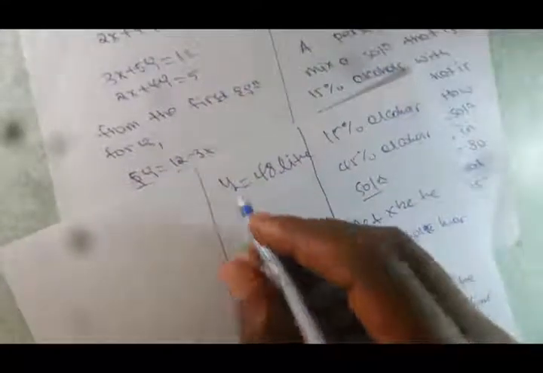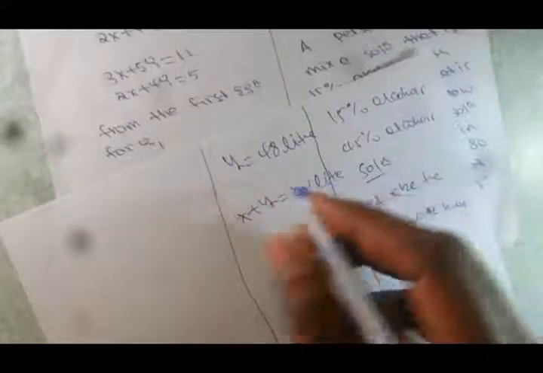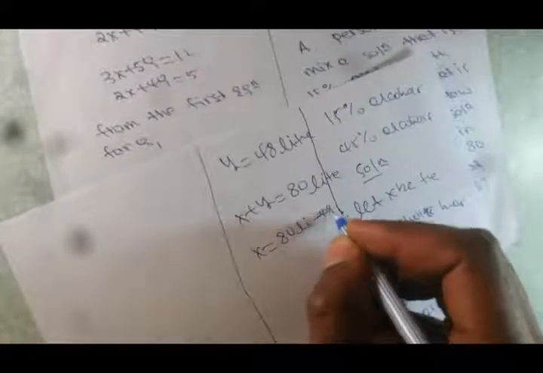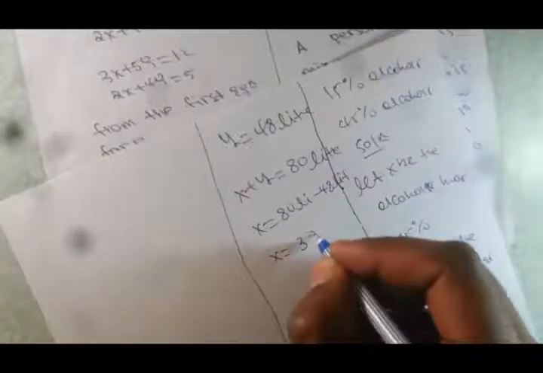And to find the value of x, we know x plus y will give 80 liters. Therefore x is equal to 80 liters minus 48 liters. x is 32 liters.